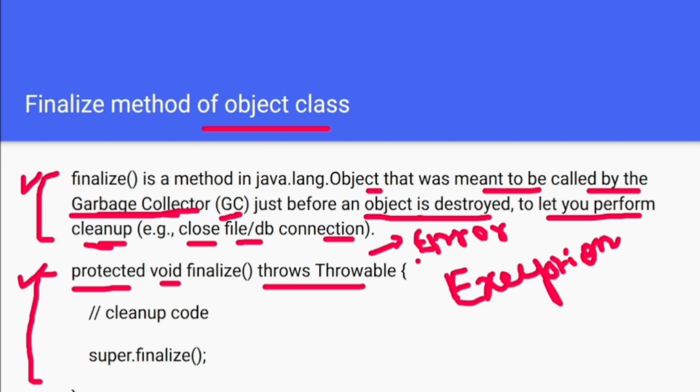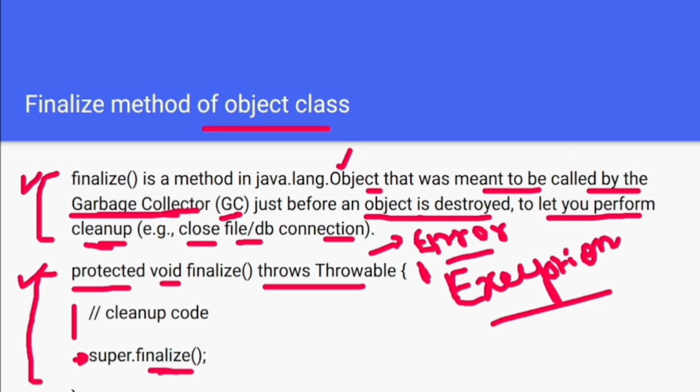Next, you write your cleanup code, and at the end you call super.finalize. The finalize method comes from the Object class, so when you do super.finalize, the parent class's finalize method will be called. The parent here is Object, so the Object class finalize method will be called. I think it is clear.